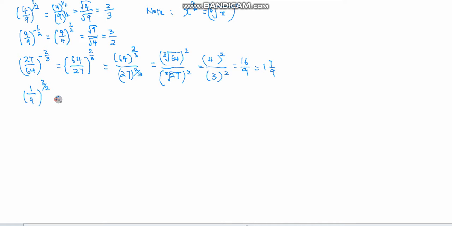Okay, now what you do is you split the fraction. No need to inverse the fraction, the base, which is a fraction. Okay, why? Because there's no negative sign. So you just split it.